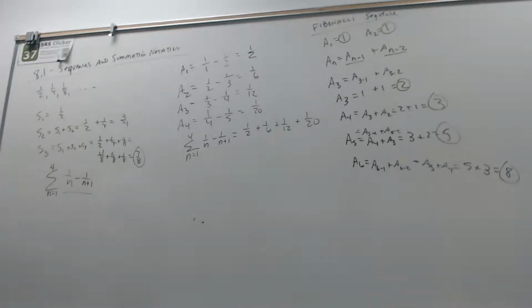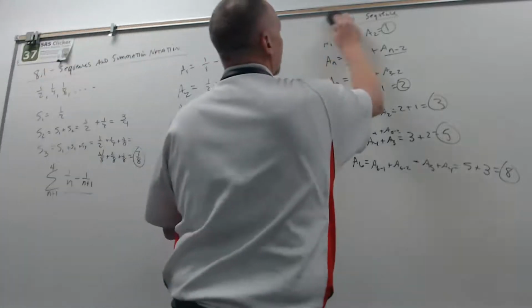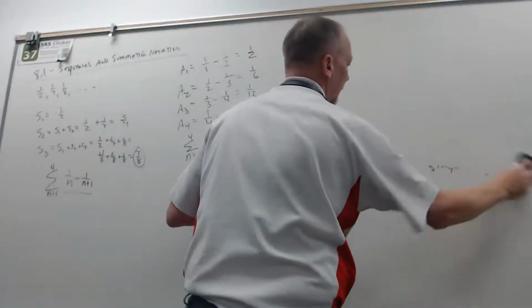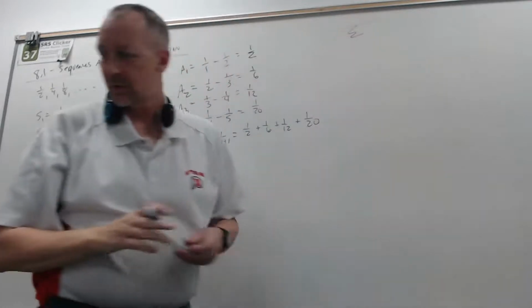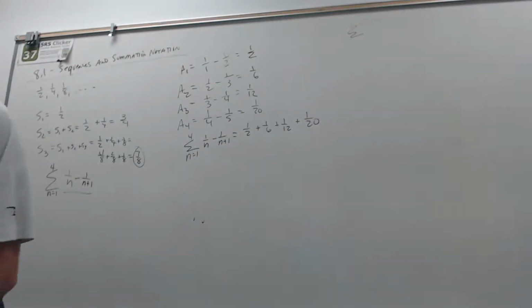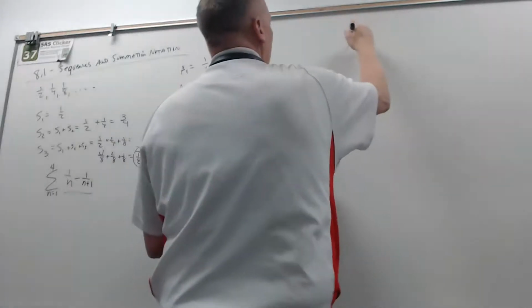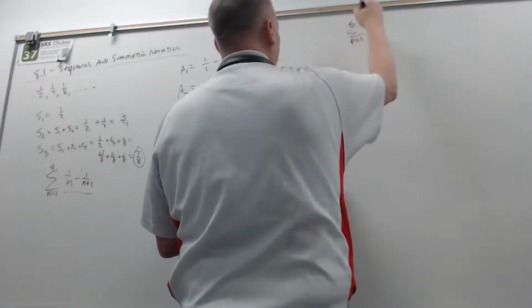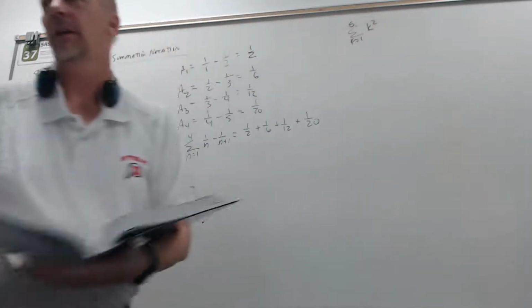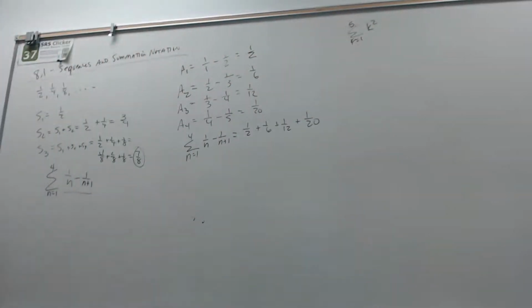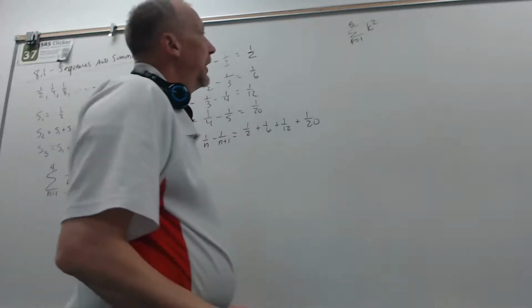Okay, so let's keep going here. What if I said, find the sum from k equals 1 to 5 of k squared. So, Cameron, how would you do that?